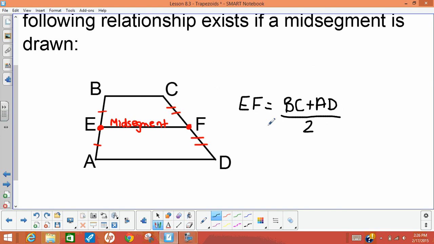So if I know the two base lengths, then I can just plug them into this formula. I can add them together and divide by 2, and that'll tell me what the midsegment length is. Also, if I know the midsegment length and I know one base length, I can use this relationship to find the second base length.